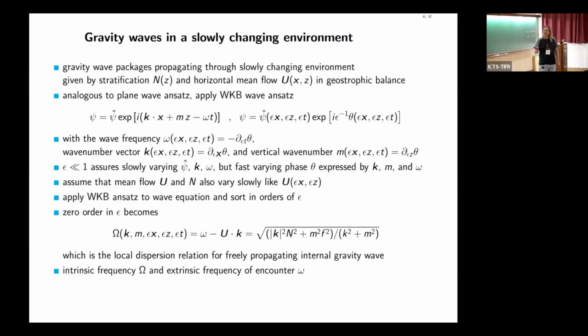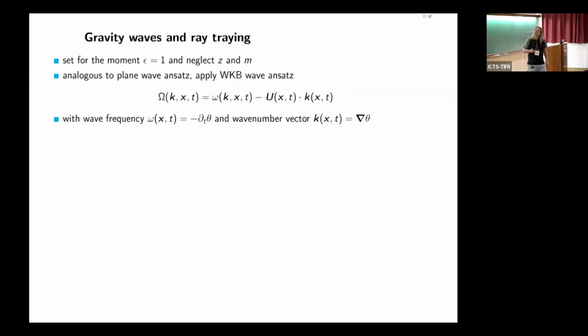And you have the Doppler shift by the mean flow, U dot k. Frequency of encounter would be the frequency which you measure. If you stay at a point with a mooring, then you would measure the small omega. But more familiar to you is the intrinsic frequency where you don't have Doppler shift. And the point is that you can change your intrinsic frequency by different Doppler shifts at different depths. That will become important later.